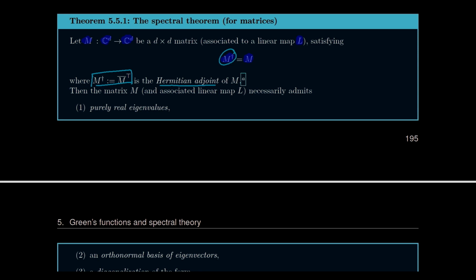It's defined by the complex conjugate, and that's just element-wise. So each element you're going to take the complex conjugate, which just, if you recall, means you take every i that shows up and make it negative i. So M dagger is the complex conjugate and transpose.